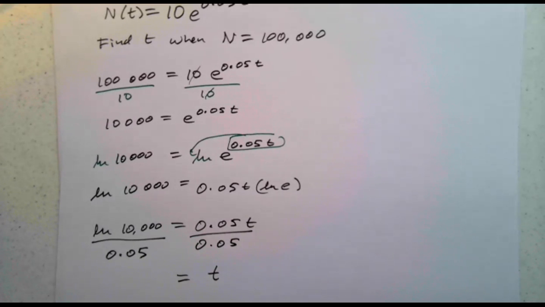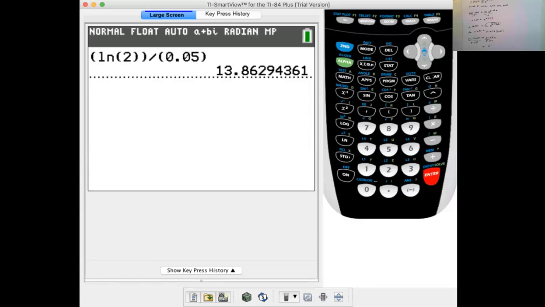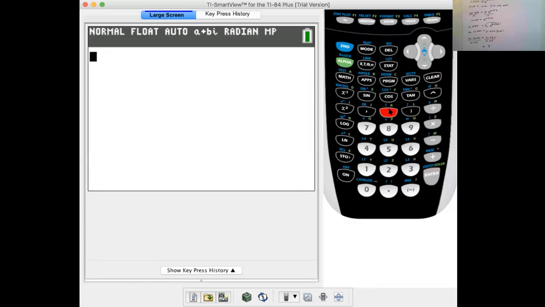Let's see what that is. Upstairs, natural log 10,000. Lost a parenthesis there. 2 left, 2 right, divided by 0.05.